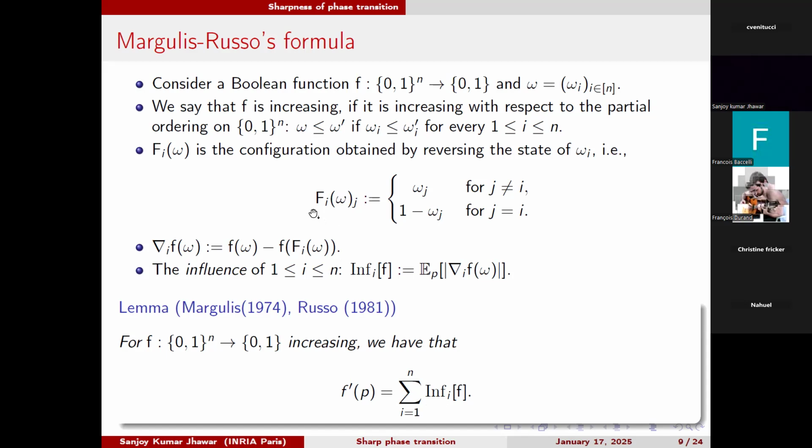That is, for each omega, you define another vector, let's say omega prime, and omega prime is nothing but omega flipped at the ith coordinate.